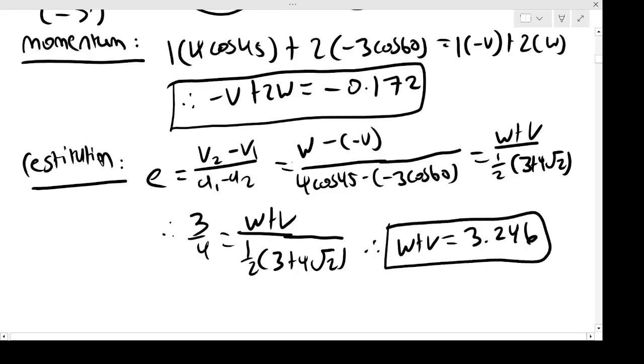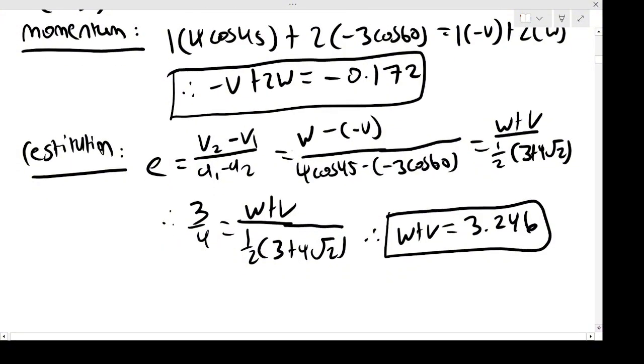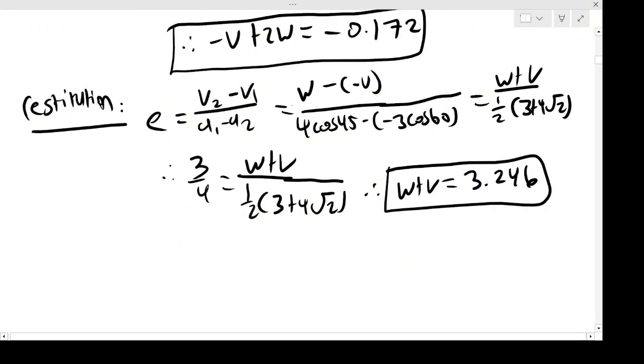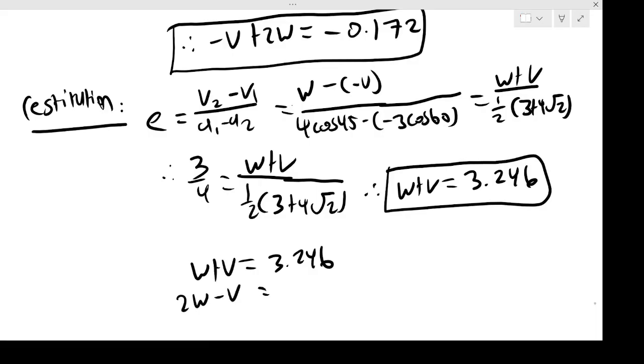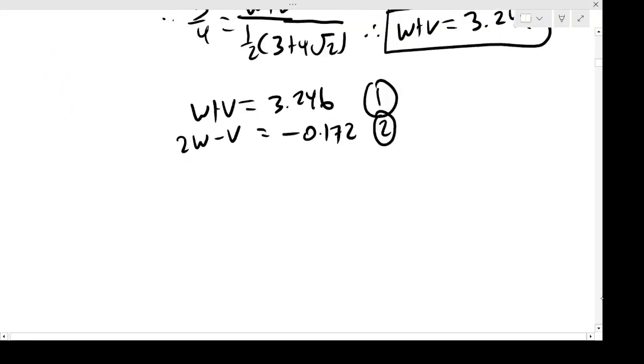Okay, so hopefully happy with that. So just doing momentum and restitution in 1D. Okay, so it's the same sort of techniques. So I've got these simultaneous equations. So W plus V is 3.246, and also 2W minus V is minus 0.172. So again, I can solve these simultaneous equations, even just think about the GCSE.